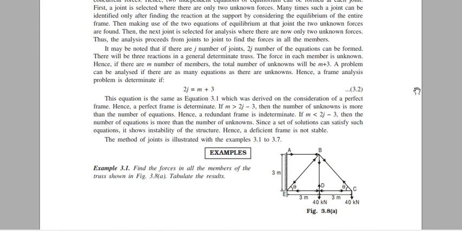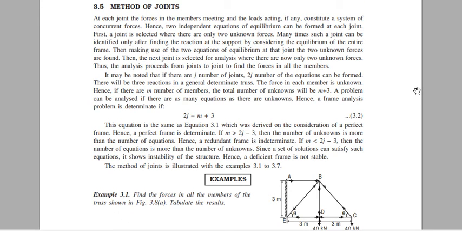3.5 Method of joints. At each joint the forces in the members meeting and the loads acting, if any, constitute a system of concurrent forces. Hence, two independent equations of equilibrium can be formed at each joint. First, a joint is selected where there are only two unknown forces. Many times such a joint can be identified only after finding the reaction at the support by considering the equilibrium of the entire frame.